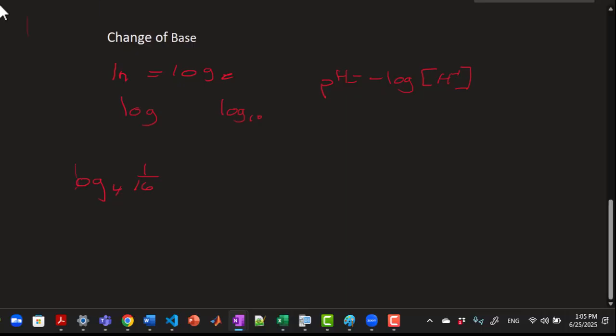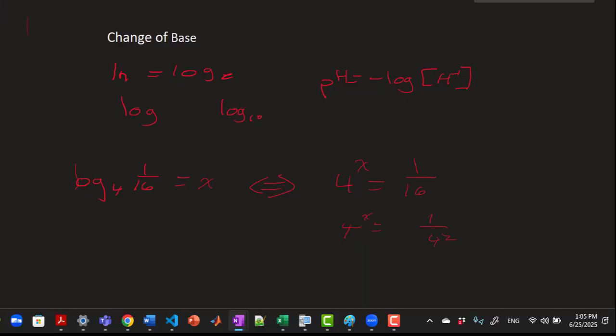Then the log base 4 of 1/16, if I let that equal x, that means the same as 4 to the x equals 1/16. And now to figure out what x is, look at this 16 and say, well, is that a power of 4? And you'd say, yeah, 16 is 4 squared. So I could write that as 4 squared. But that's in the denominator.